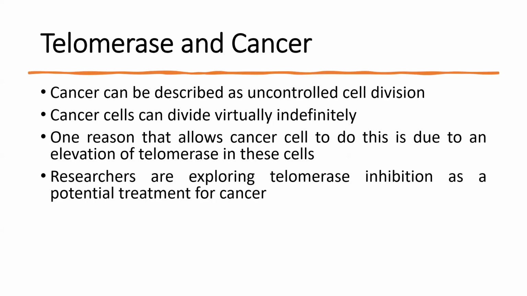Because I was telling you, a normal cell divides, and then divides, and then divides, so you get a bunch of cells. Up to this point, it has gone through many divisions already, and then it needs to stop. That's what happens normally.